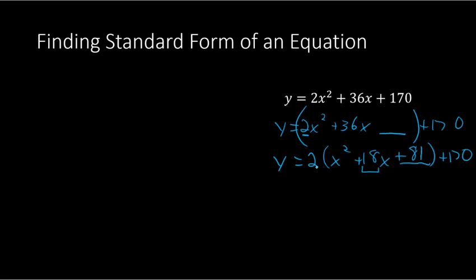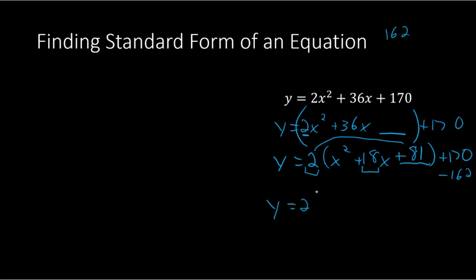Keep in mind, when we added 81, there was a 2 in front of the parentheses. So in reality, we actually added 2 times 81, which was 162. So to counteract that, we need to subtract 162.